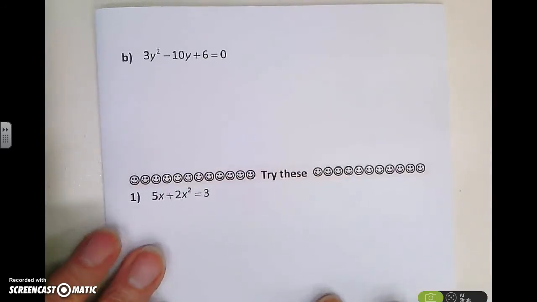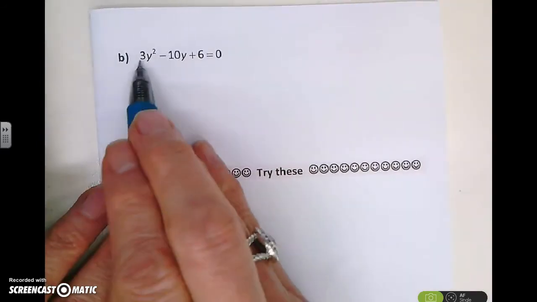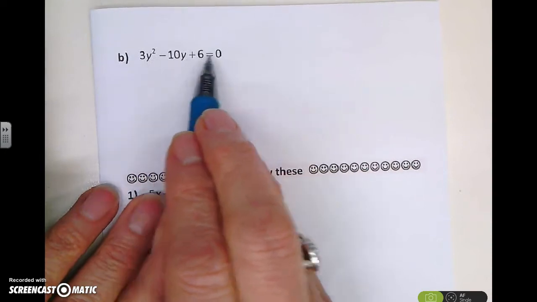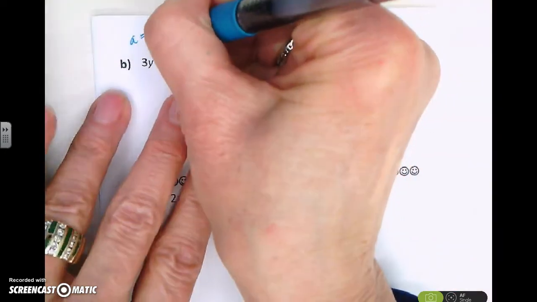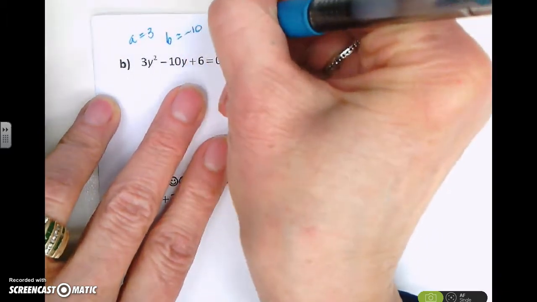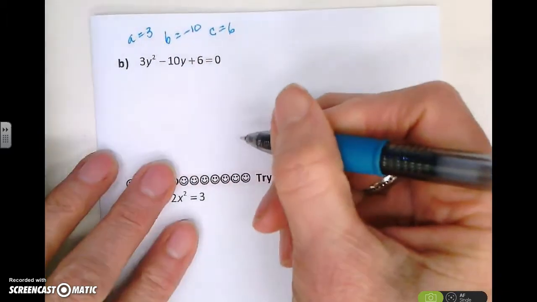All right, so let's do example B. You can see it's in standard form, y squared, y, constant. So our a is 3, our b is negative 10, and our c is 6.